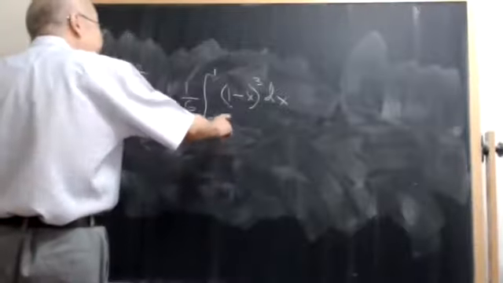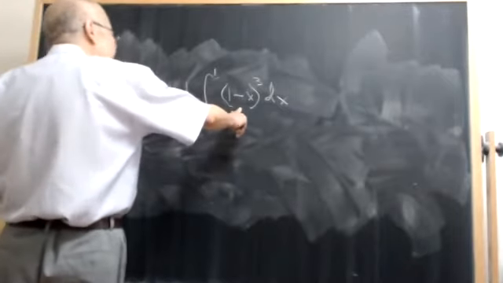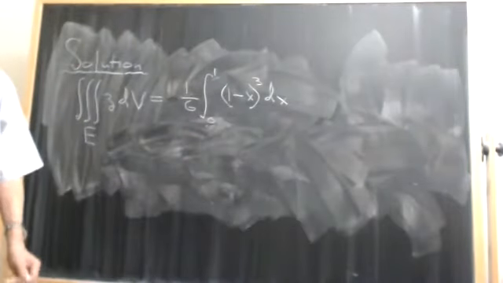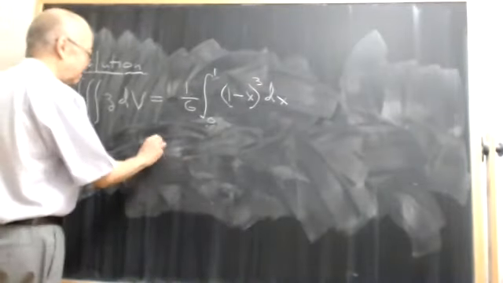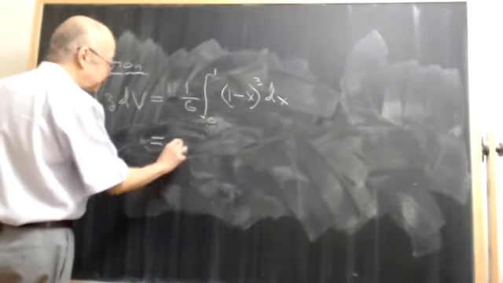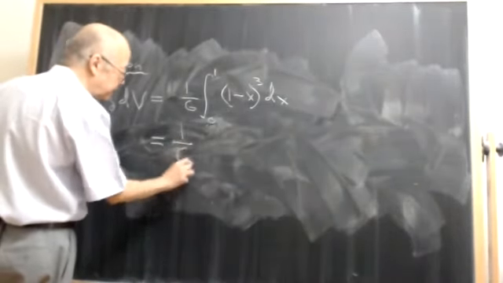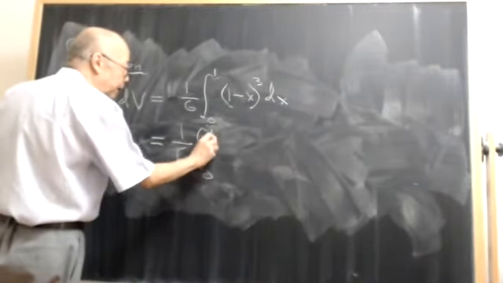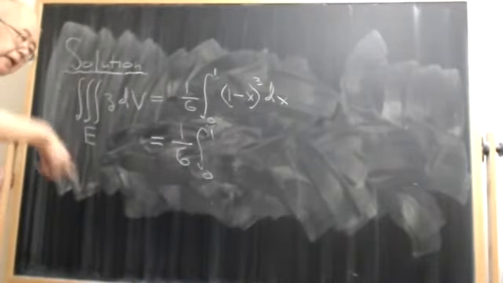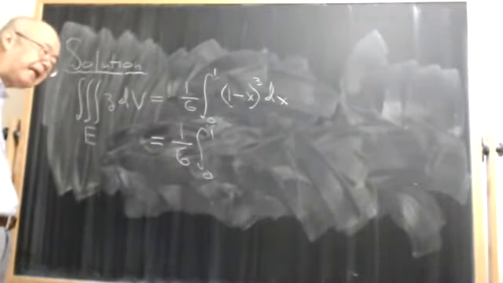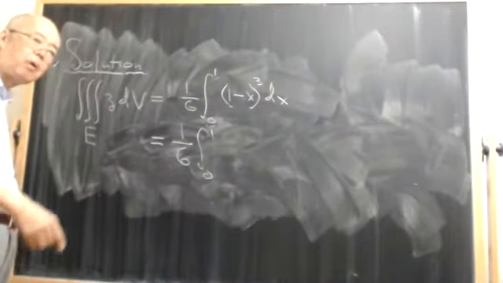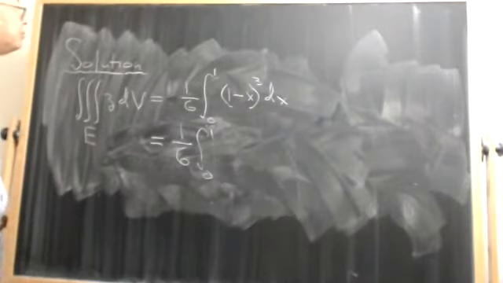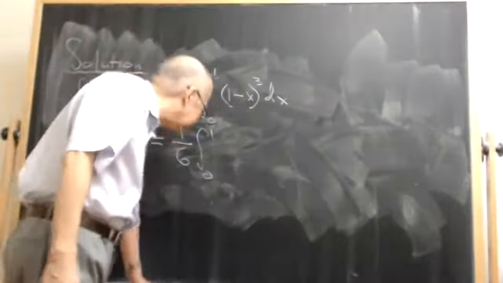So finally, we are done with this first integral. So this is 1/6 times the integral from 0 to 1. And again, if you could do the previous integral by inspection, you should be able to do this by inspection also.